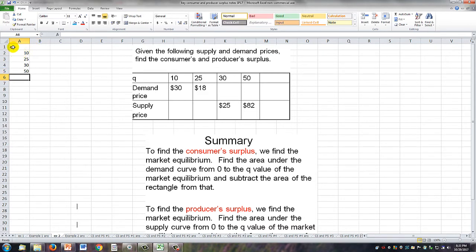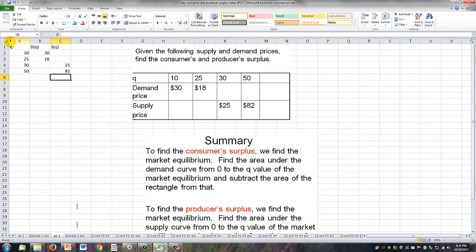Those are my quantity amounts, and then my demand price, or D of Q, is 10, 30, and 25, 18. And then my supply curve is 30, 25, and 50, 82.